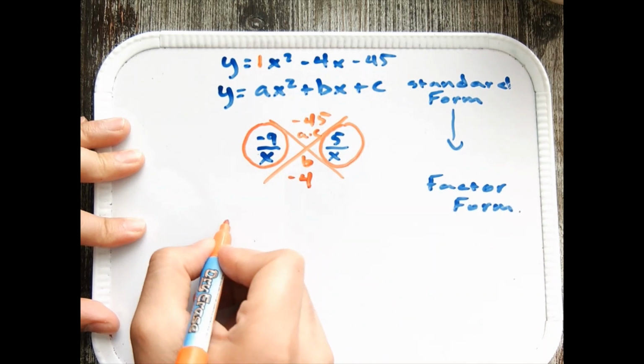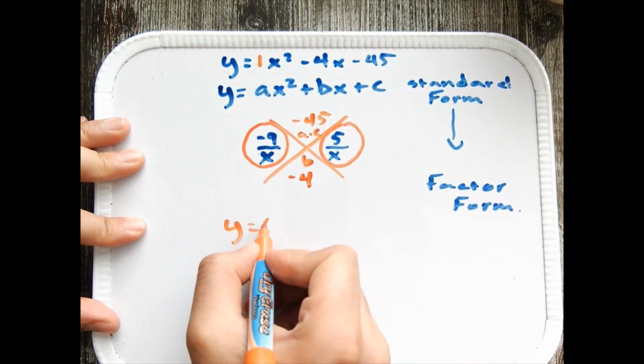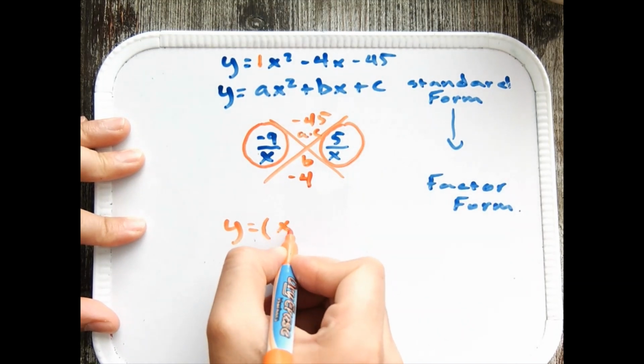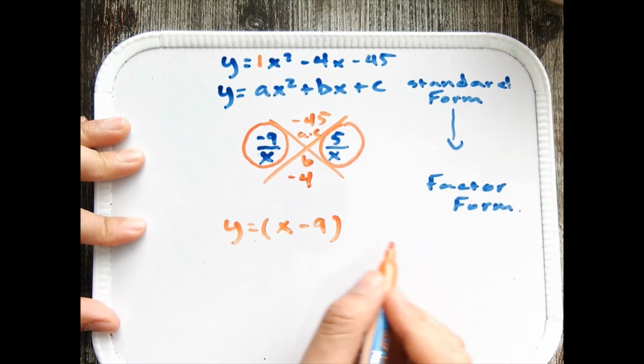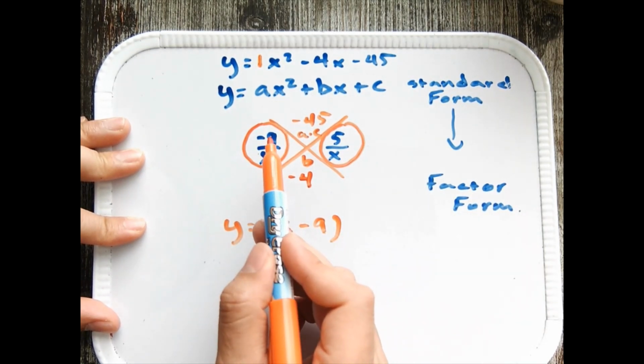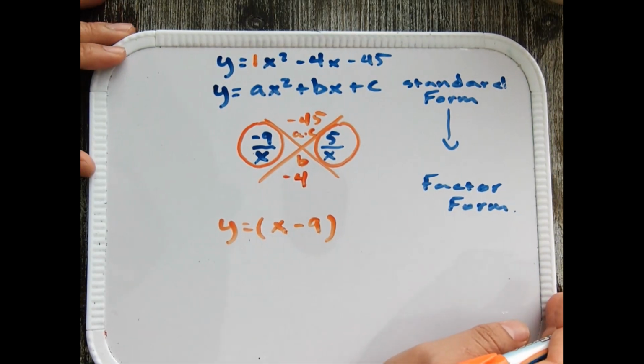So now I'm going to have y equals, my first factor is going to be x minus 9. Now again, why minus 9? Well, because that's a negative 9.